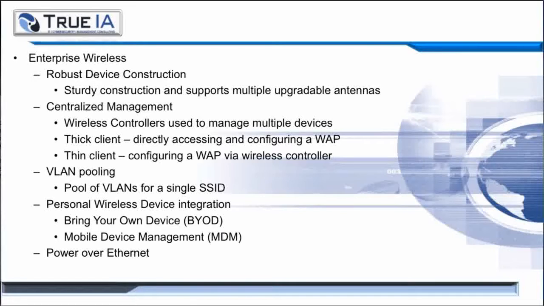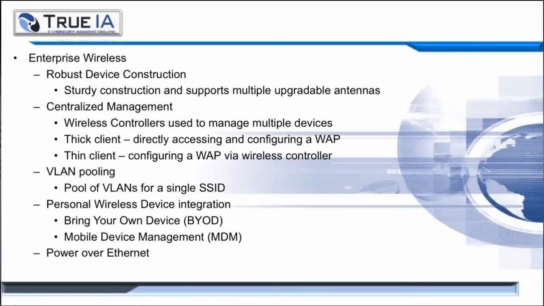Next, we'll talk about enterprise-level wireless networks. Most of these devices are very sturdy and strong with multiple upgradable antennas. They provide for centralized management and such advanced features as VLAN pooling and personal wireless device integration. This is important if your organization is one that is considering BYOD, or bring your own device.